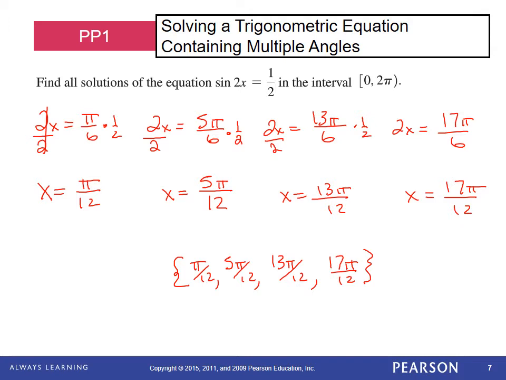And you can kind of tell because this last one over here, notice this is 17 pi over 2. If this was 2 pi, it would be 24 pi over 2. So since 17 is less than 24, you know you're in that parameter between 0 to 2 pi. Okay, good there? Hopefully that makes sense.